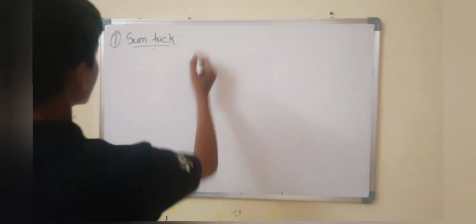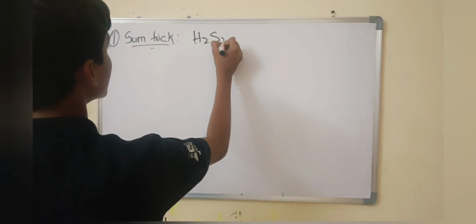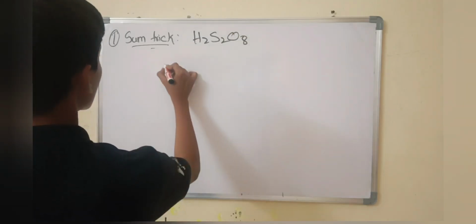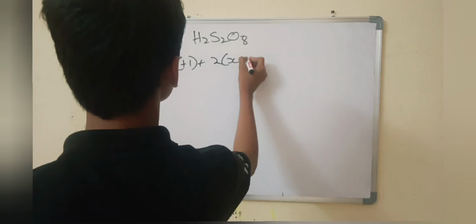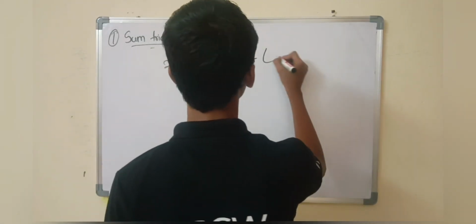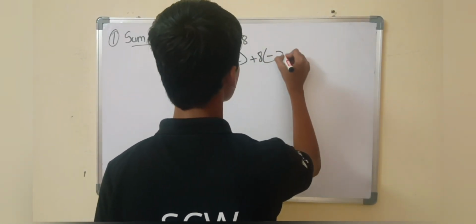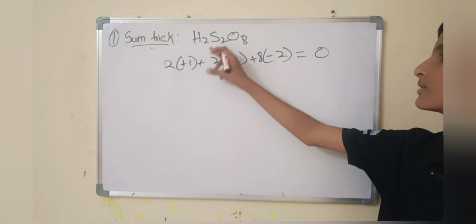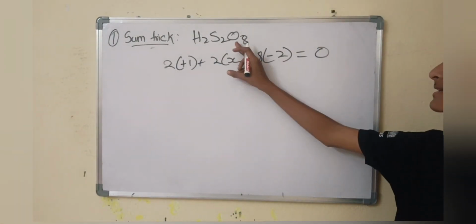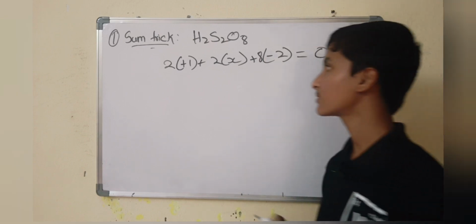Now, H2S2O8. 2 into +1 plus 2 into x plus 8 into -2 is equal to 0. The oxidation number of hydrogen is +1 and the oxidation number of oxygen is -2. Clear?